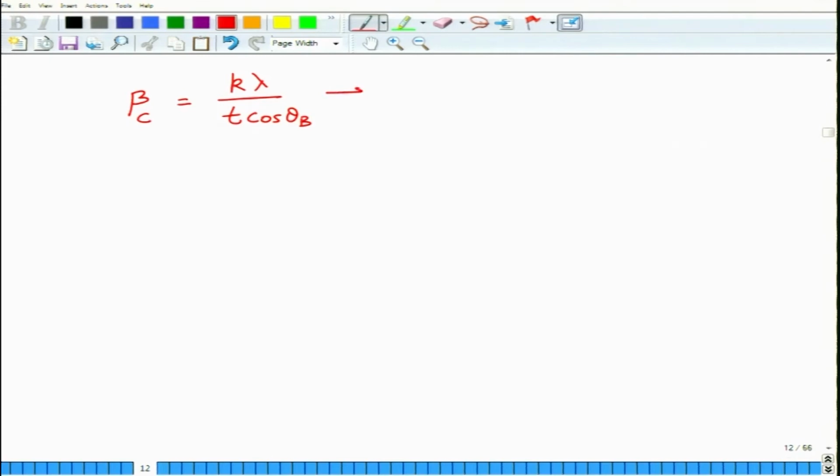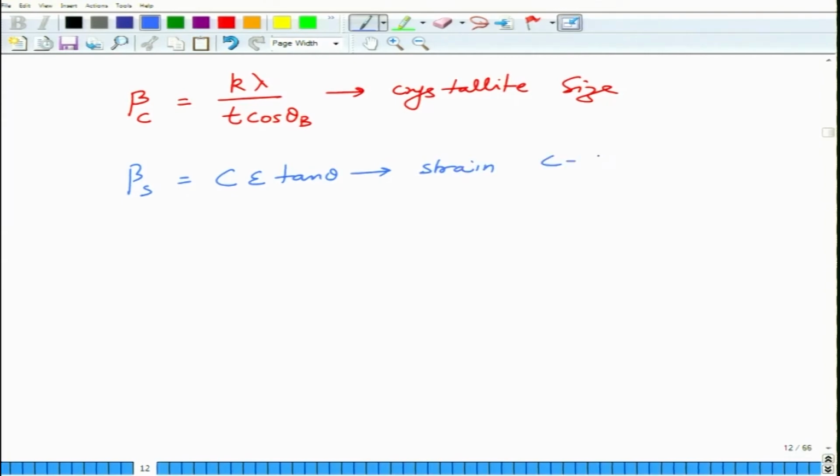This is because of crystallite size. And the other term, beta S, which is because of strain, is C epsilon tan theta, and here C is the constant.